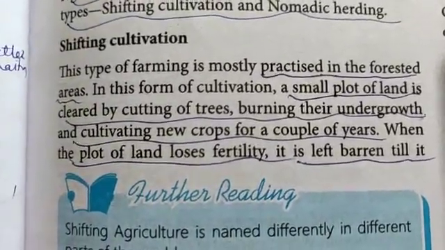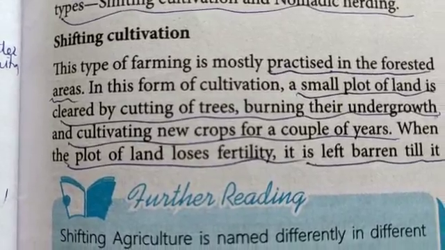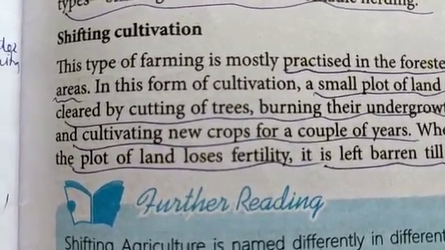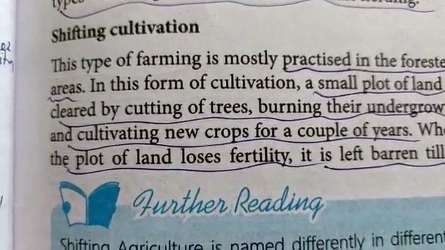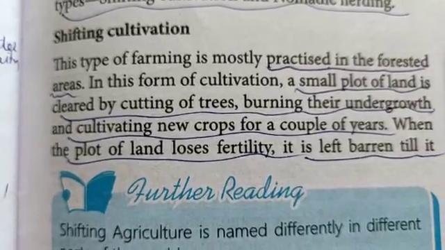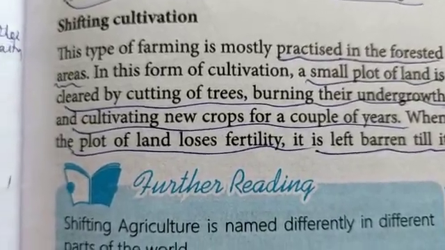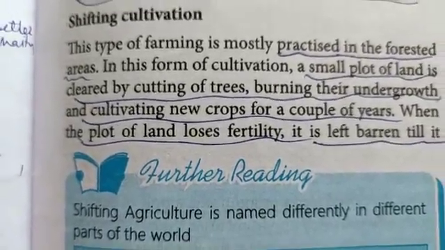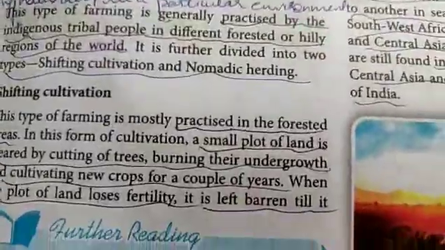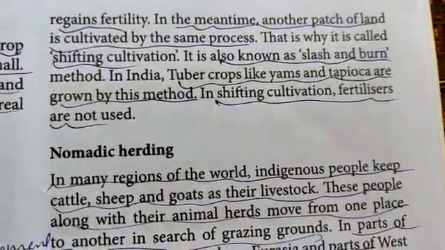So in this, generally a small plot of land is cultivated by cutting off trees and other kind of vegetation over there. Then a crop is planted for just a couple of years, and then the soil begins to lose its fertility. Therefore, the land is left barren till it regains its fertility.